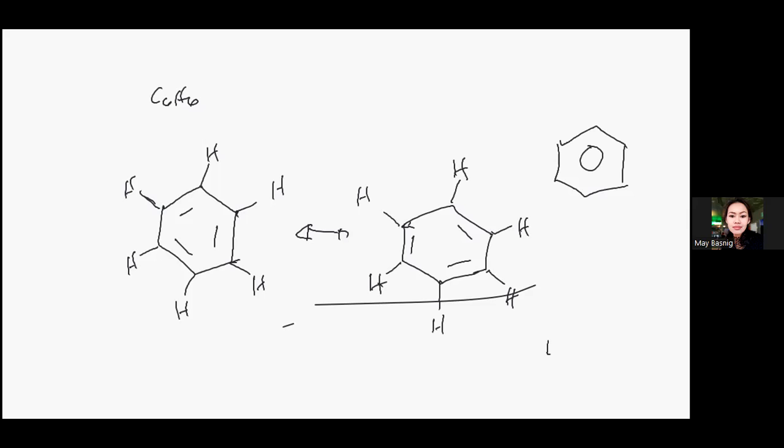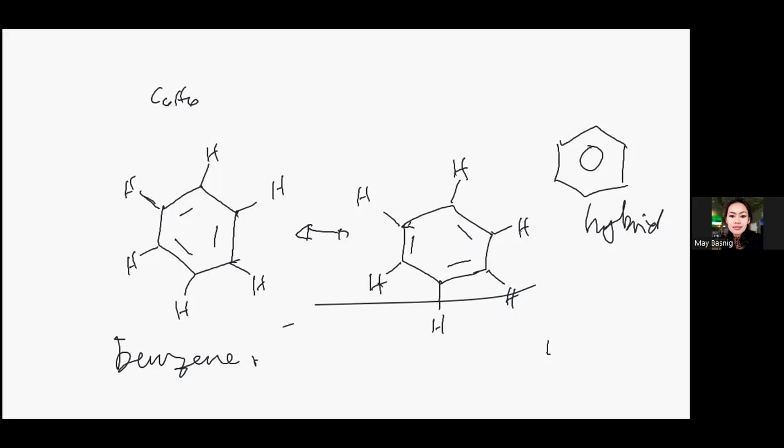For the condensed form, you don't show the hydrogen on each carbon, you just show this hybrid structure of your benzene. This is your benzene ring.